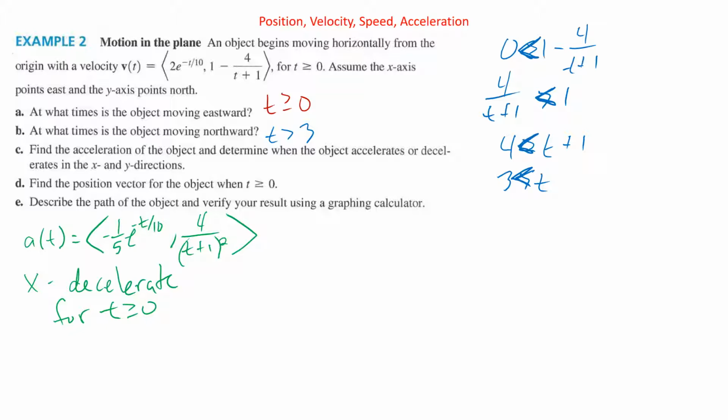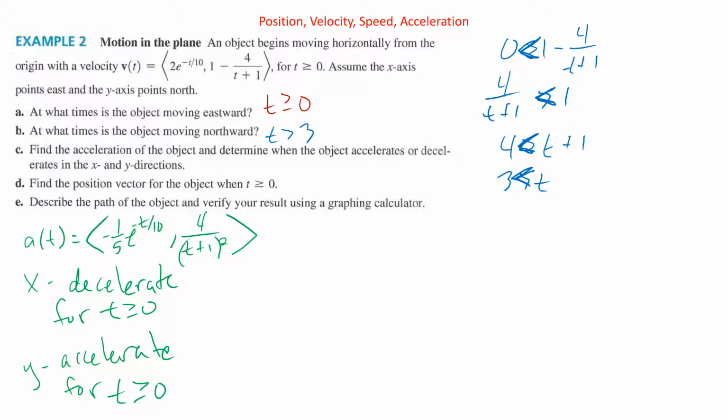And in the y direction, we have t plus 1 is always going to be positive. We square it, it's always going to be positive. 4 divided by a positive number will be positive. So the y acceleration will always be positive. So it'll be accelerating for t greater than or equal to 0.